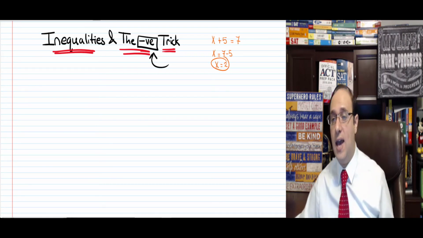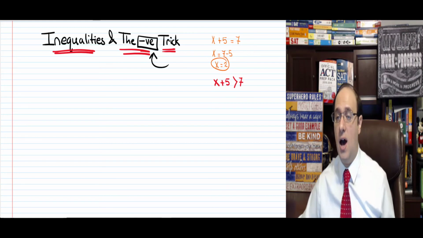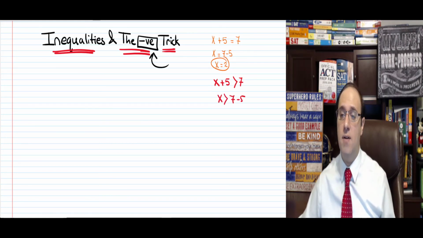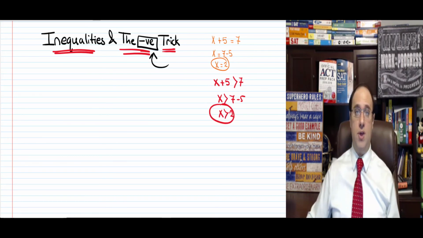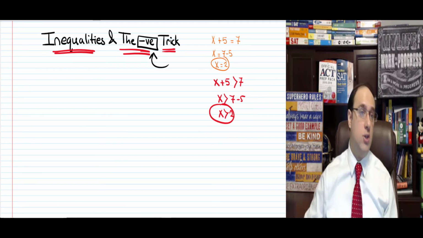So if I had x plus 5 is greater than 7, I would simply say that x is greater than 7 minus 5, x is greater than 2. Look how similar they are. There is no major difference.